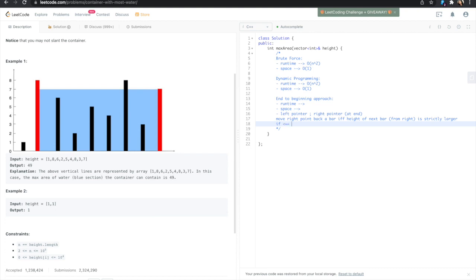If smaller than or equal to, then we should break and increment the left pointer to move to the next bar from the left. And then we repeat the process, right?